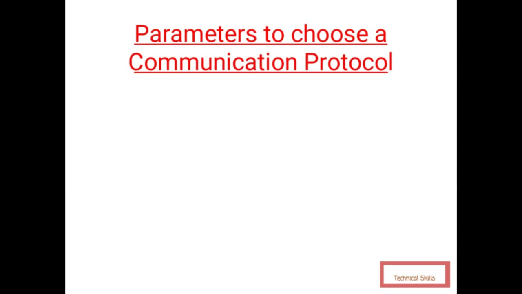So the next topic is parameters to choose a communication protocol. Before this, I want to tell you that communication in PLC is of two types. One is direct communication and second is indirect communication.